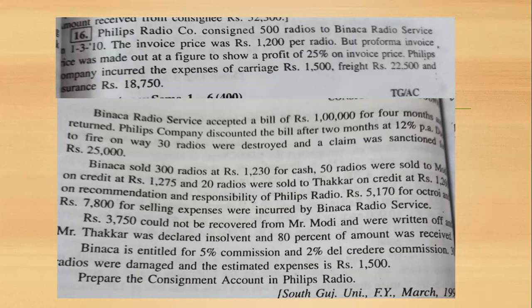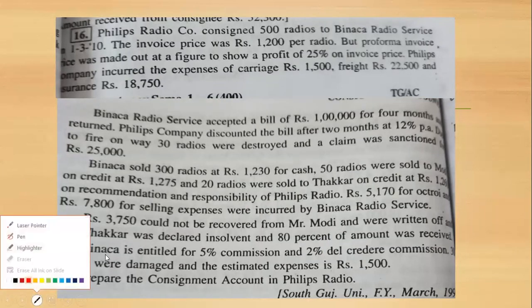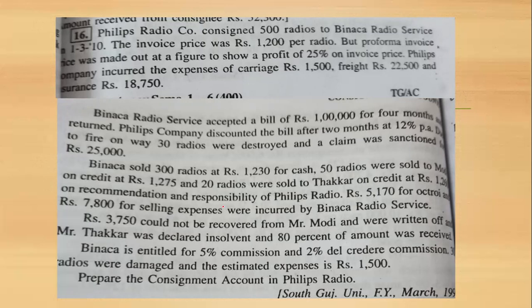The invoice price was 1200 per radio. Here we are having the invoice price. We have to remember that what we are having, invoice price or cost price. So here we are having the invoice price.